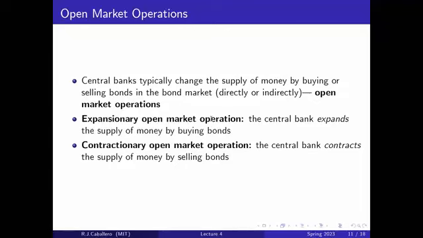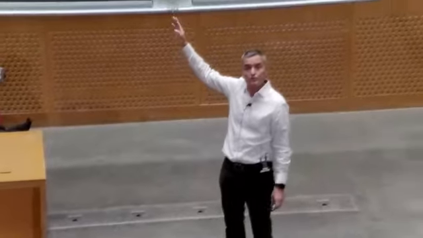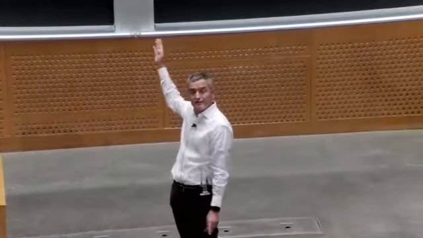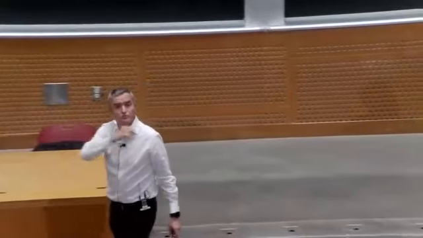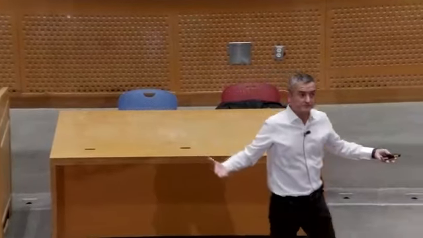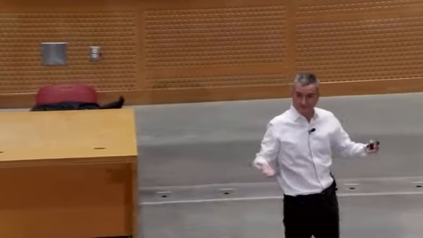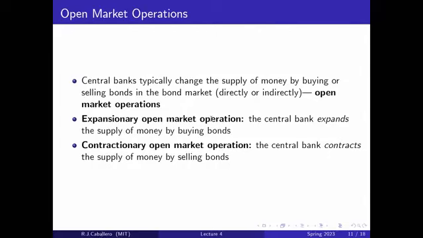That's an expansionary operation. So what we saw before, when M shifts to the right, what the central bank really did is went out there and bought bonds from the public. The public sold the bonds and got the cash, okay, at some price. When I show you equilibrium in the money market, that means also an equilibrium in the bond market, necessarily. So it has to be that the price is right for the portfolio of individuals.